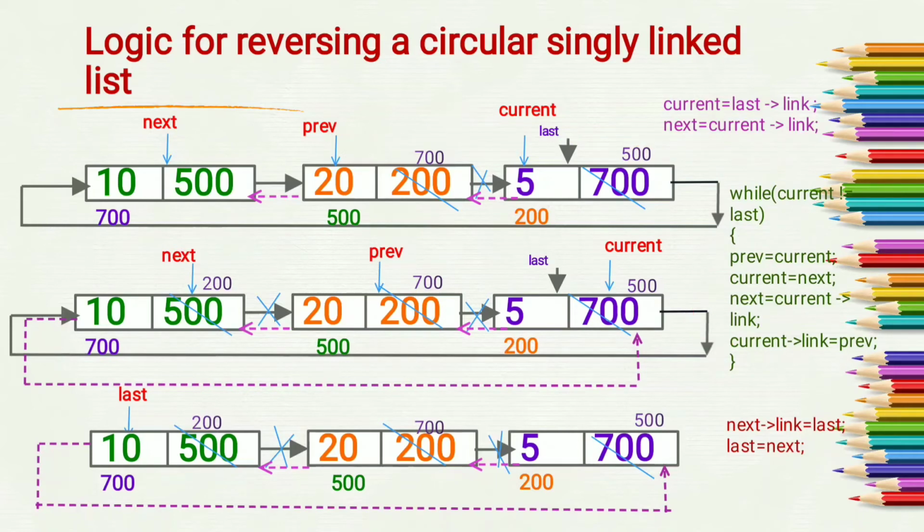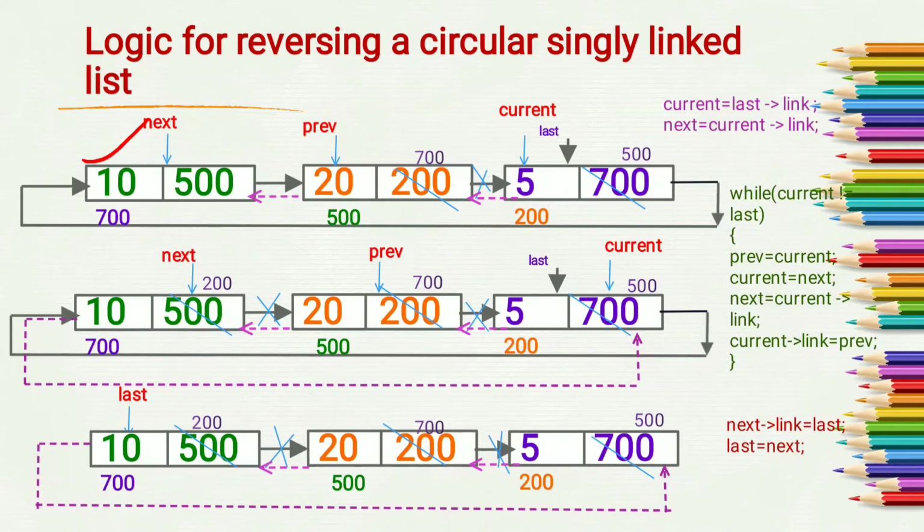Now what we have to do, we have to change the link part of the node which is pointed by next by the address of 200, because after reversing a circular linked list, this node is the first node of the circular linked list. The address of this node is 200, and this node will become the last node of the circular singly linked list after reversing.